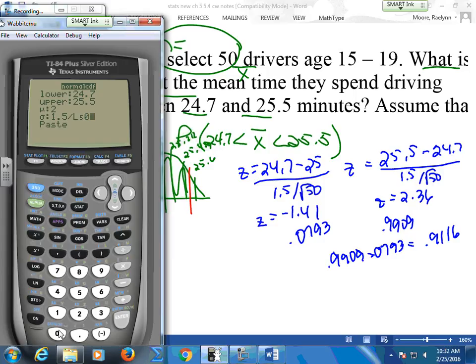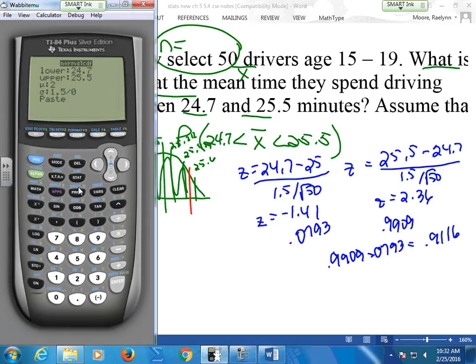Let your calculator, oops, that didn't work out well. And that's square root. There it goes. Okay, and now paste.